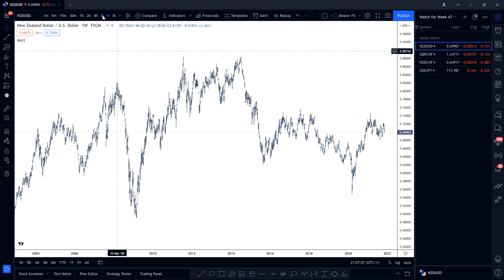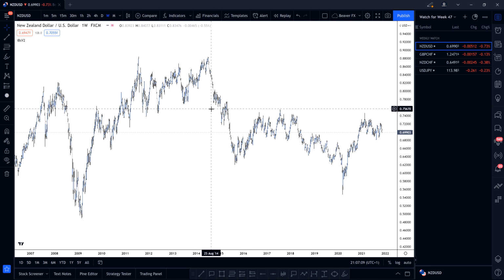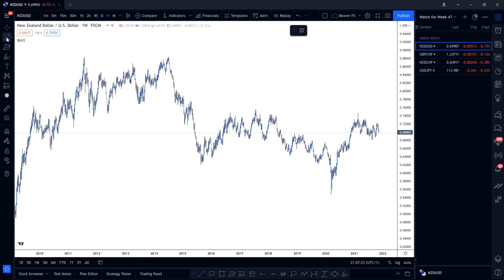So for NZD/USD, let's start from the weekly time frame. I love doing multi-time frame analysis, from the weekly down to the 15 minutes. Then depending on market conditions, sometimes I do the 5 minutes time frame also. That depends on whatever the market is giving at that moment.